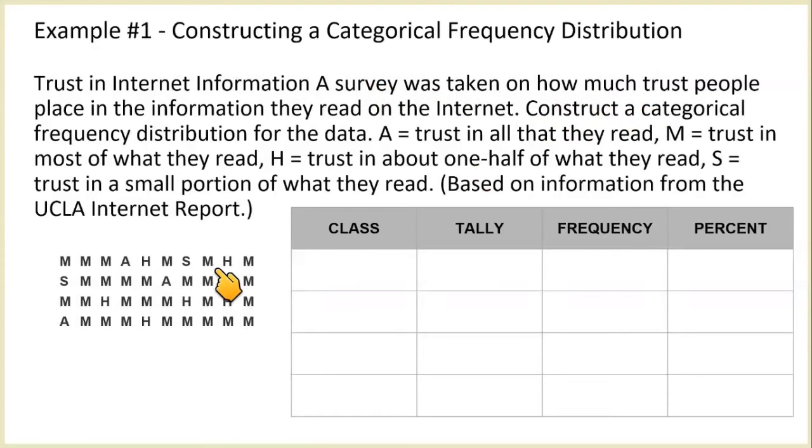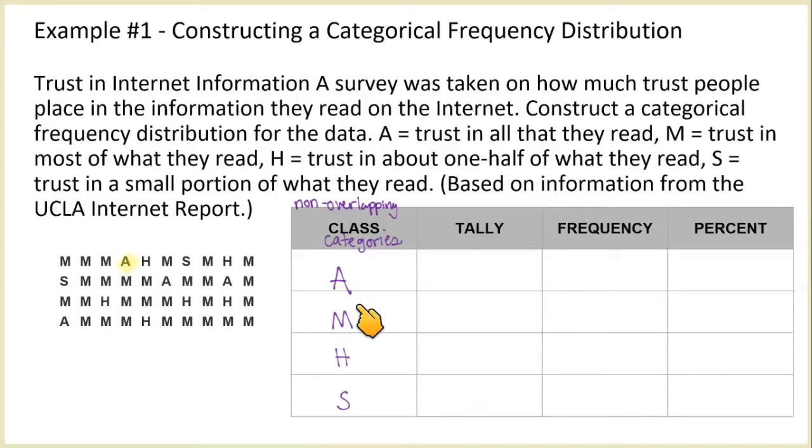Here is our raw data, and we want to organize it into non-overlapping categories. The letter A represents always trust, M represents most of what they trust, H is half of what they trust, and S is a small portion of what they trust.